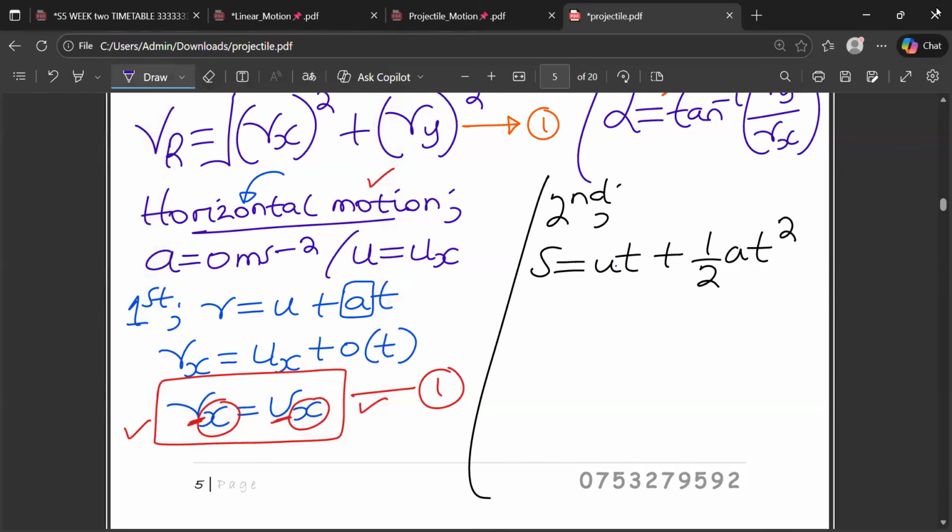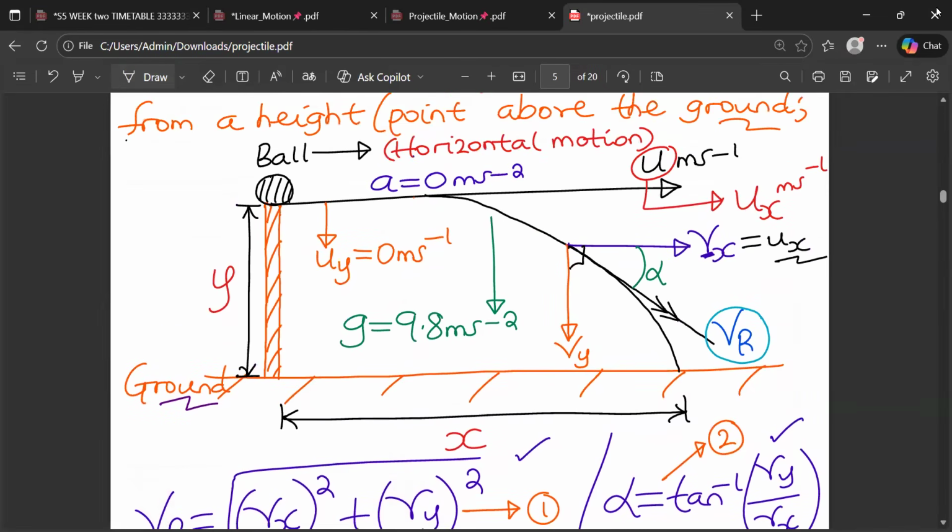They are the same things we are substituting for. The u, we know it. So s, who recalls that in horizontal motion, s, or the displacement, is x? Do you remember it on our diagram? I told you to recall each and every letter that we put there.